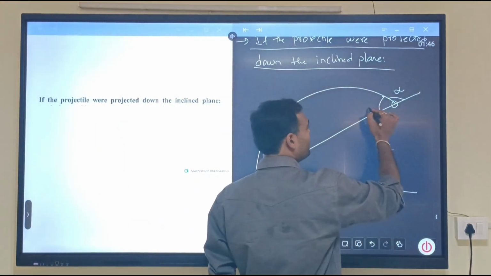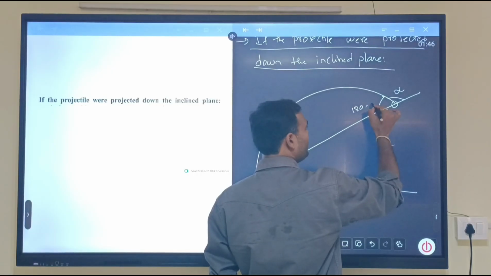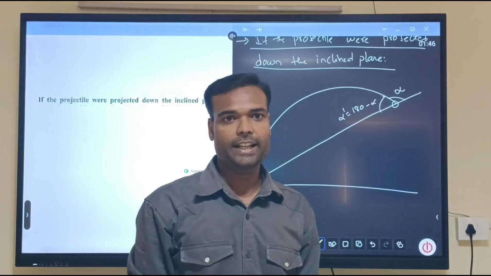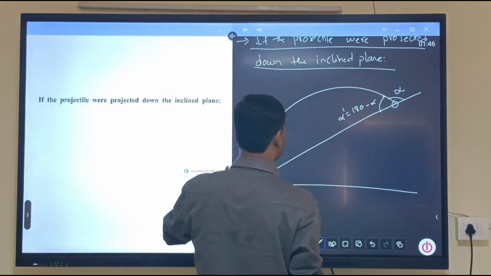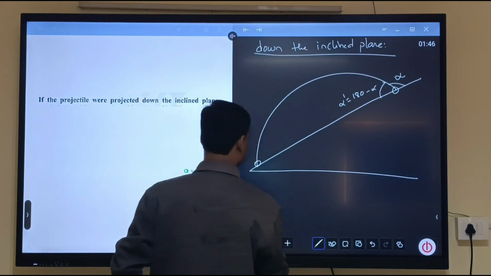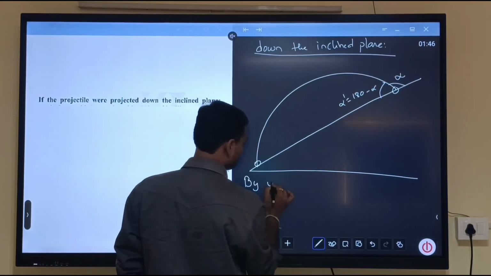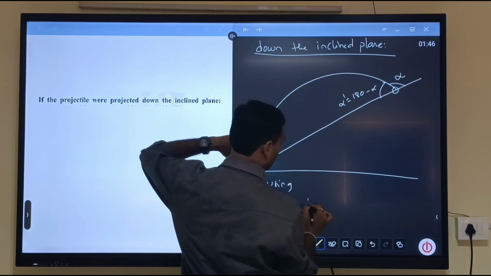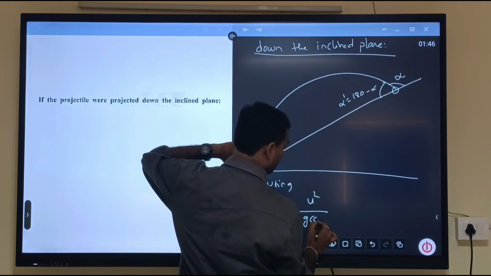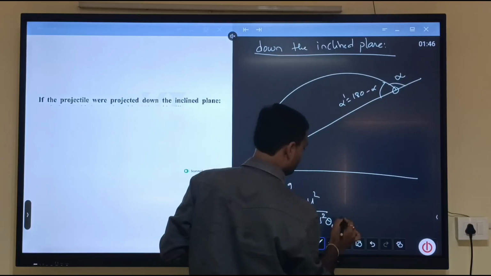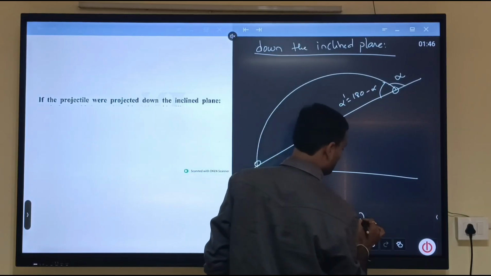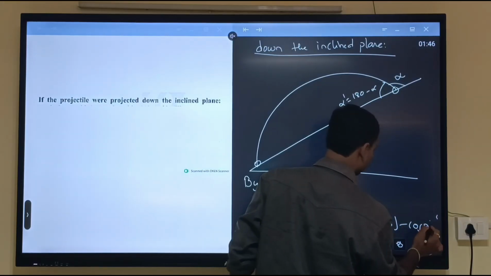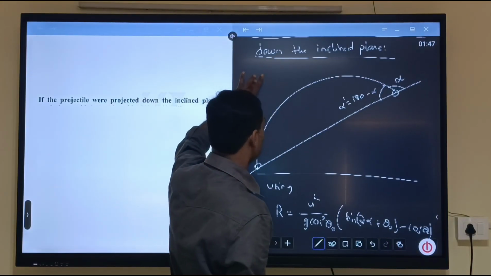That means 180 minus alpha is equal to alpha dash, right? Now, using the range formula, what is the range formula? Range is equal to u square by g cos square theta naught times sin of 2 alpha plus theta naught minus cos theta naught. Right, let us clarify this.